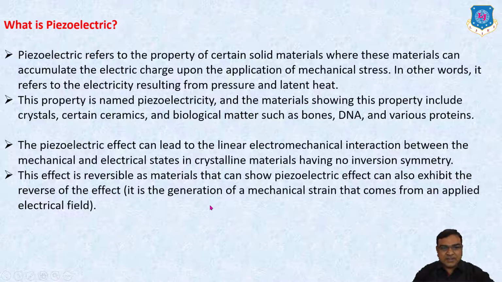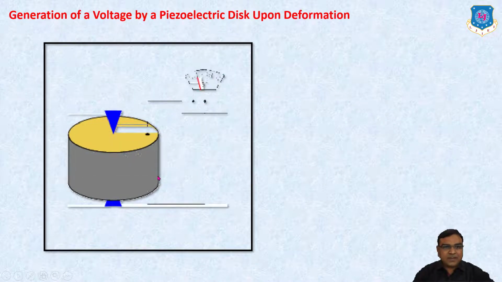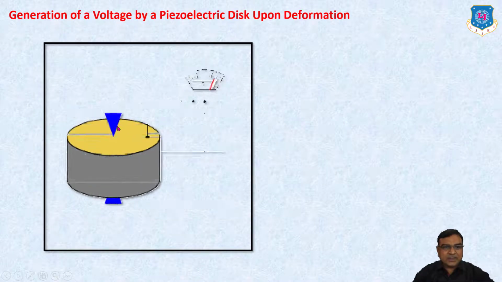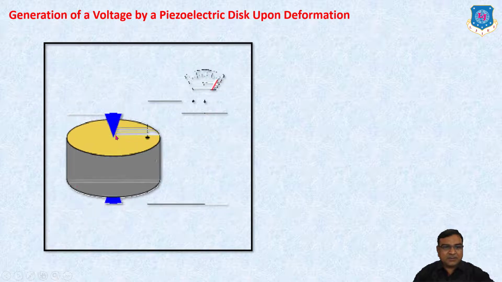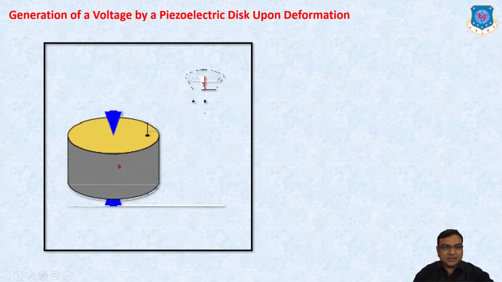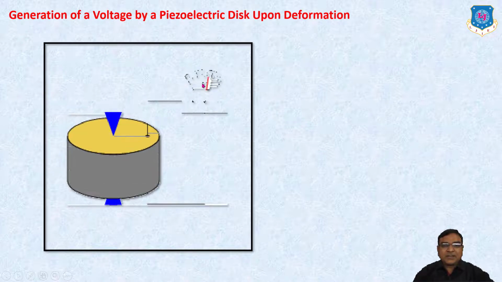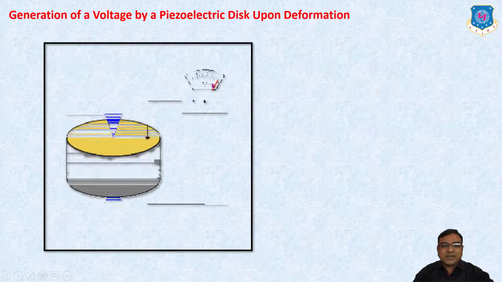It is the generation of mechanical strain that comes from an applied electrical field. So here you can say that when we apply pressure on this piezoelectric material, we will get electric pulses, or you can say electricity.